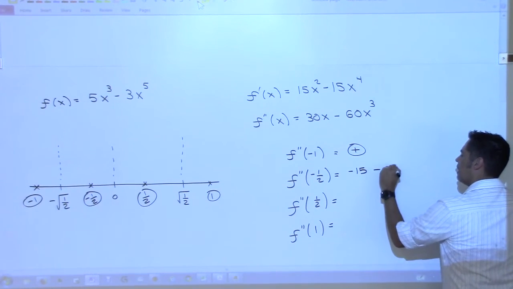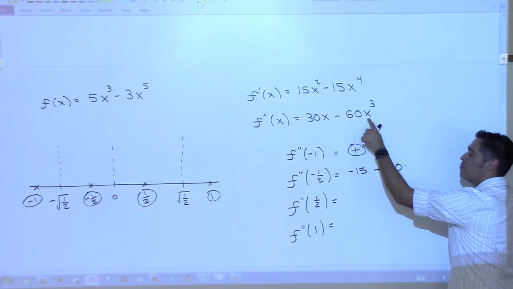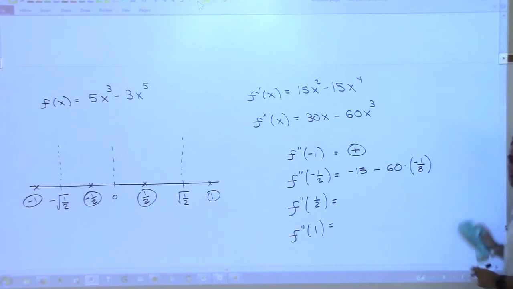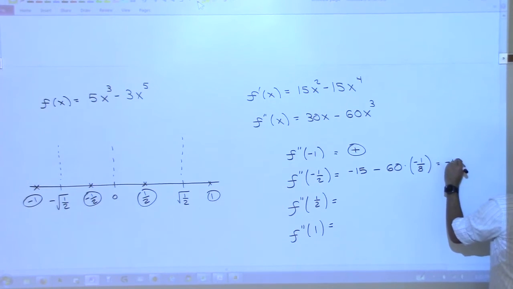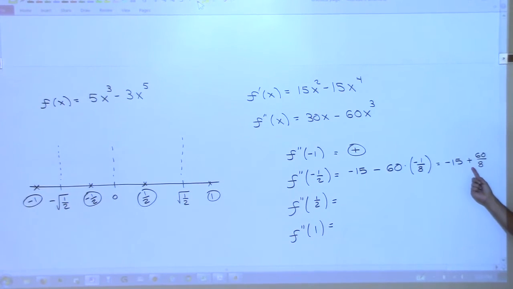Minus 60 times, now what's negative 1/2 times negative 1/2 times negative 1/2? Negative 1/8, like that. Okay, and so what would happen if we put these together here? We're going to have negative 15, it'll turn out plus 60 over 8. Right? This turns out to be a negative number. Okay, you can check it yourself, do it on your calculator. This is a negative number.